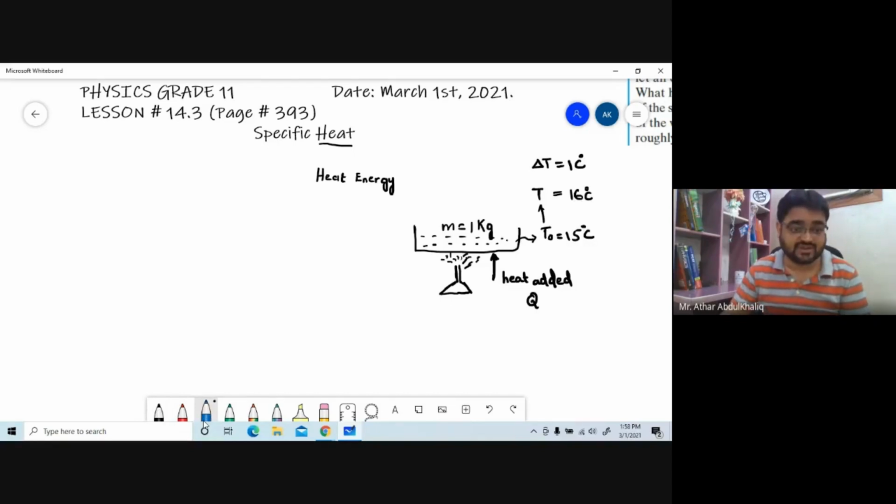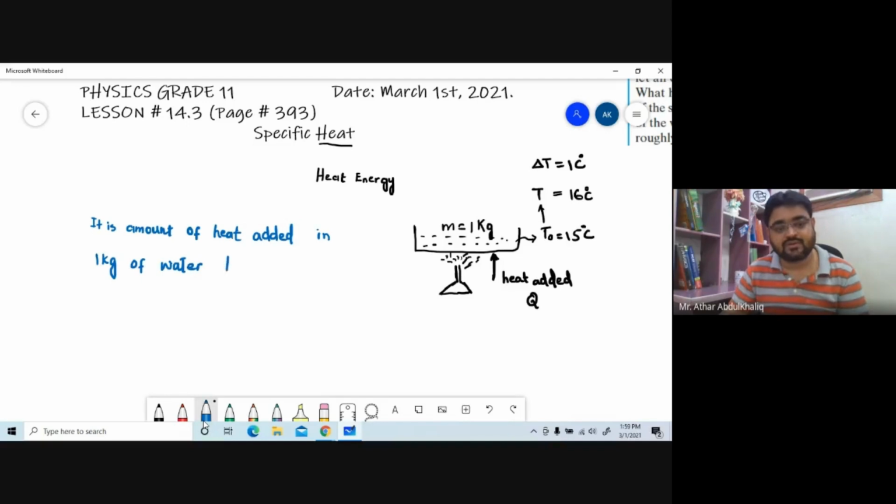The definition is: specific heat is the amount of heat added in 1 kilogram of water to increase its temperature through 1 degree Celsius rise.